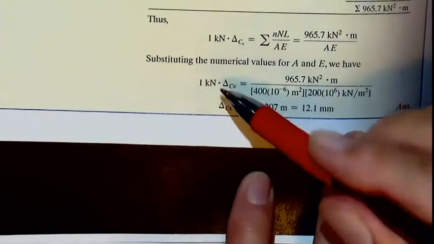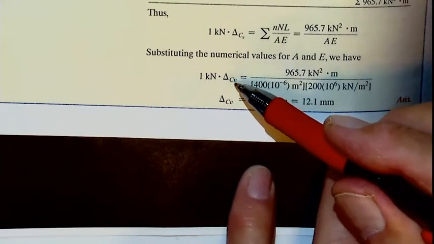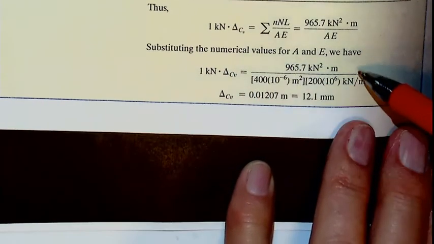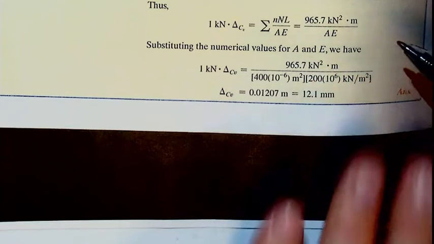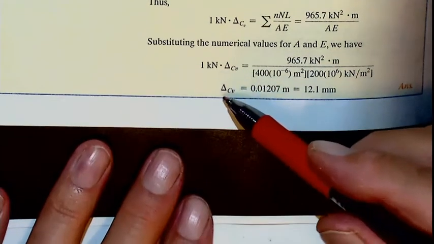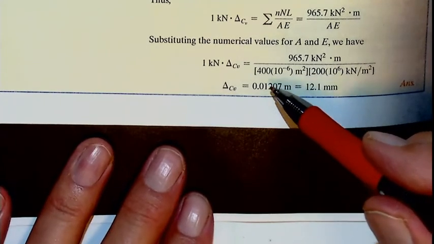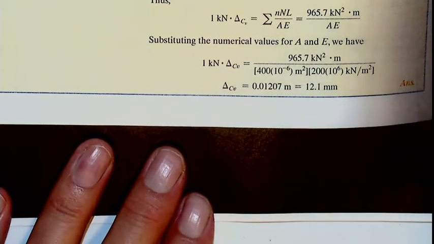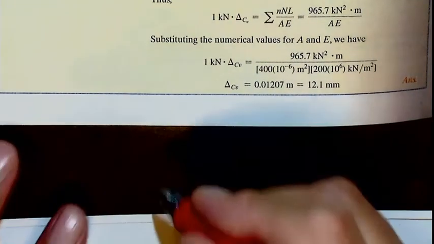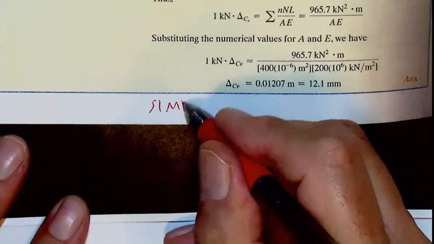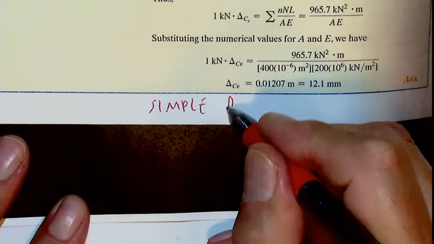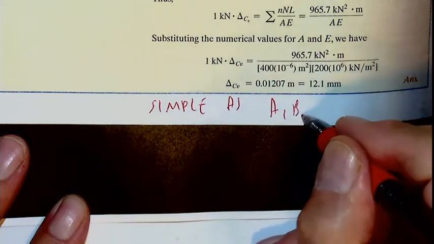So 1 kilonewton times delta CV equals this product, and delta CV equals 0.101207 meters. Simple. Simple as A, B, C.